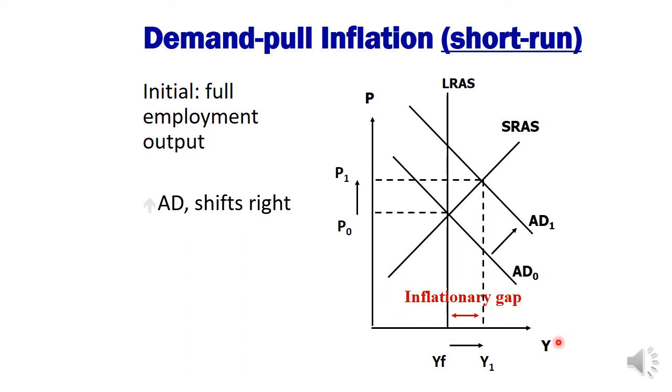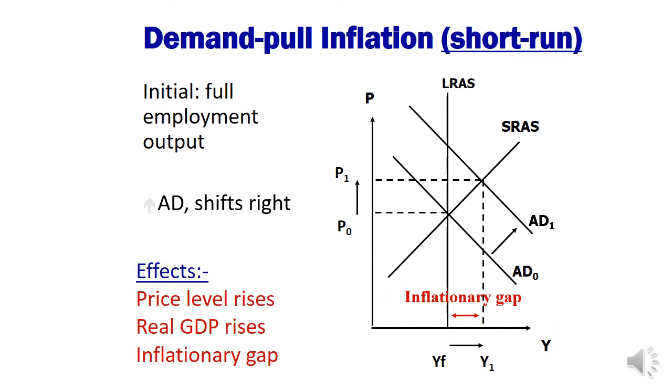We are producing more than potential. The effects are that the price level rises. You can see here from P0 to P1, real GDP increases, and there's an inflationary gap as mentioned. These are the short run effects of a demand pull inflation.